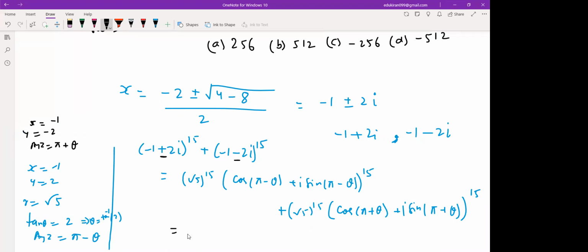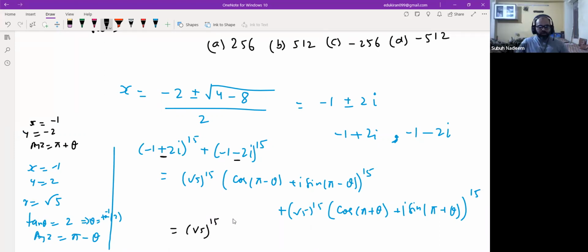So root 5 to the power 15 is common from all of this. Cos pi minus theta is actually minus cos theta, and sin pi minus theta is plus sin theta. One thing we should do here first: let us apply De Moivre's theorem before doing this.